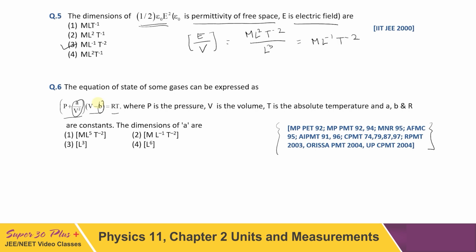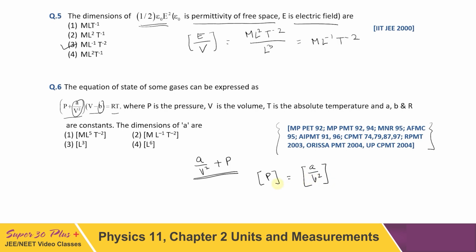But here it is asking for the dimension of A. So if the term A/V^2 is added to pressure, what does it mean? Remember the thing I had said in an earlier class, that if two terms are to be added, they must have the same dimension. So the dimension of P has to be equal to the dimension of A/V^2.